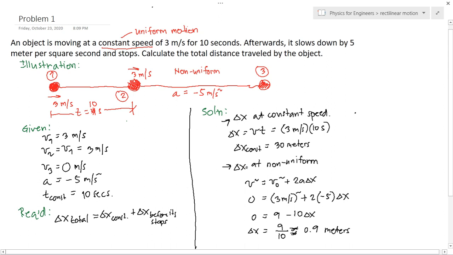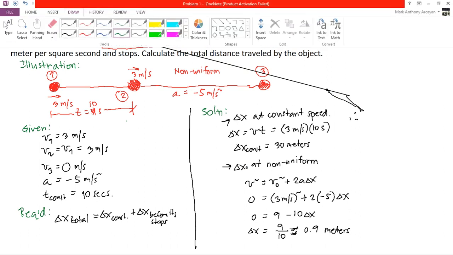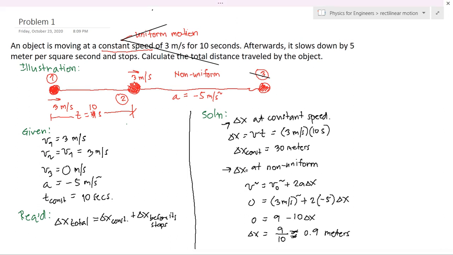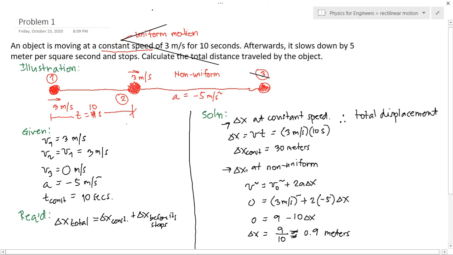So therefore, yung total displacement natin, delta x total is equal to delta x at constant speed plus delta x dun sa non-uniform.